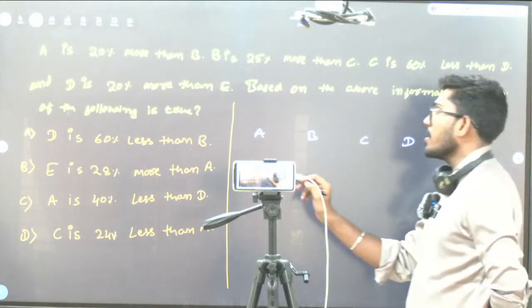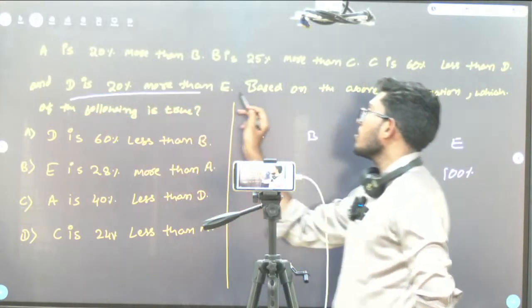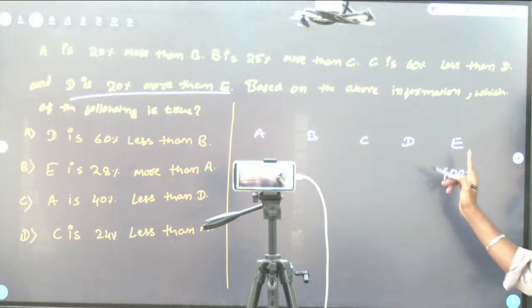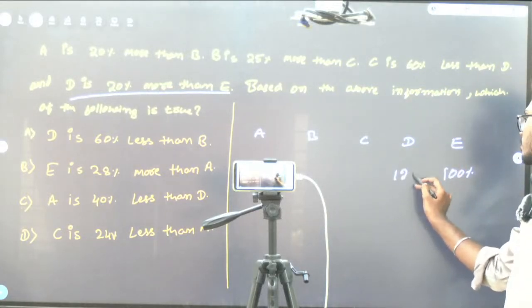Now, first point: D is how many percent more? D is 20% more than E. Taking E as 100, D should be 120.